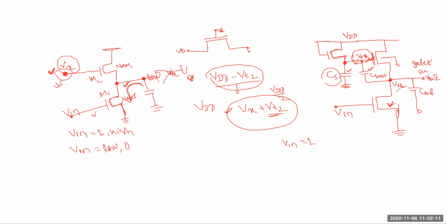At that time what happened? Though this is VDD, this is also VDD. At this point, what voltage will you get? Here, what is Vx when Vin is equal to 1?